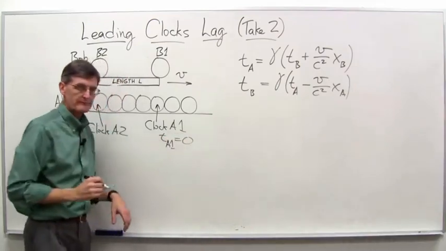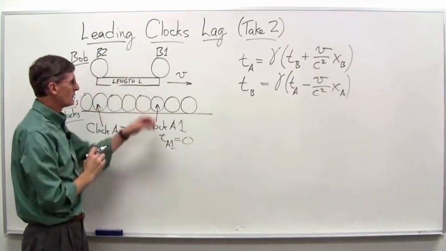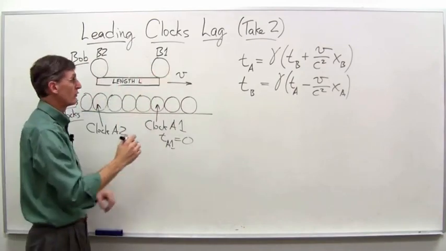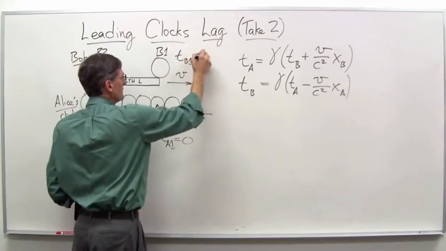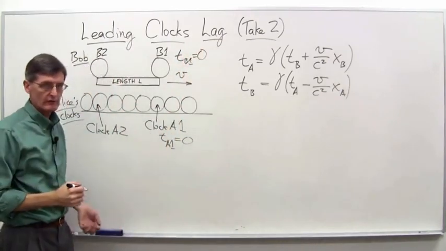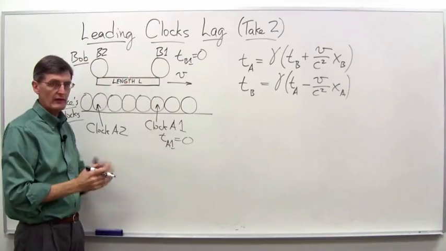So let's assume for our analysis that clock A1 is at TA1 equals 0. When we take a flash photograph of it, it's reading 0. We'll also assume in that flash photograph, time for B1 equals 0. We can set things up that way, of course. It's just one flash photograph there. We can have our clocks set however we want.